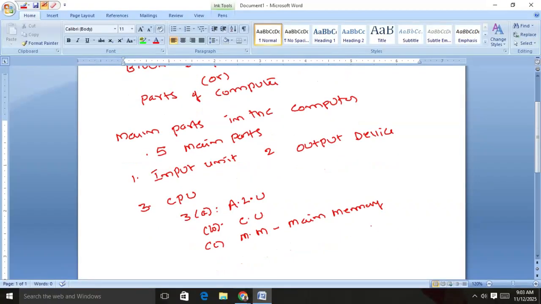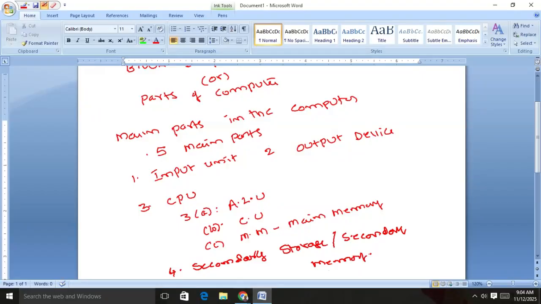In addition to this, the computer may also have one more unit, that is known as the secondary storage or secondary memory.